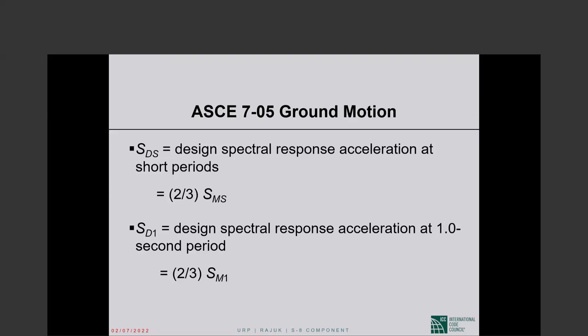So the idea is, if we consistently everywhere design for 2/3 of the soil modified MCE ground motion, then the 1.5 factor is, let me go one step back.